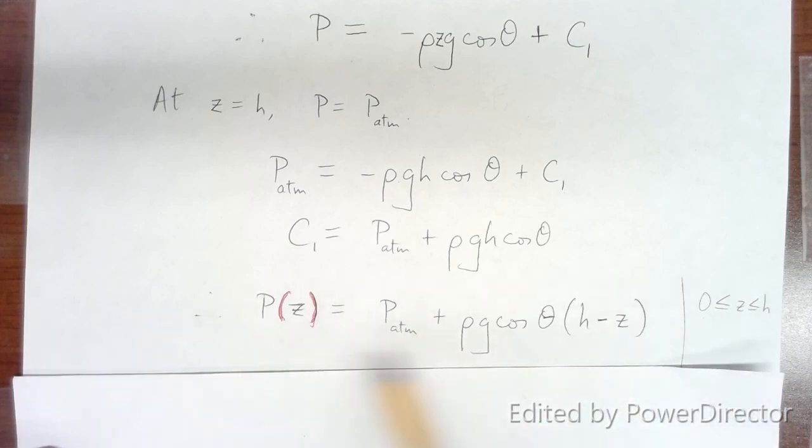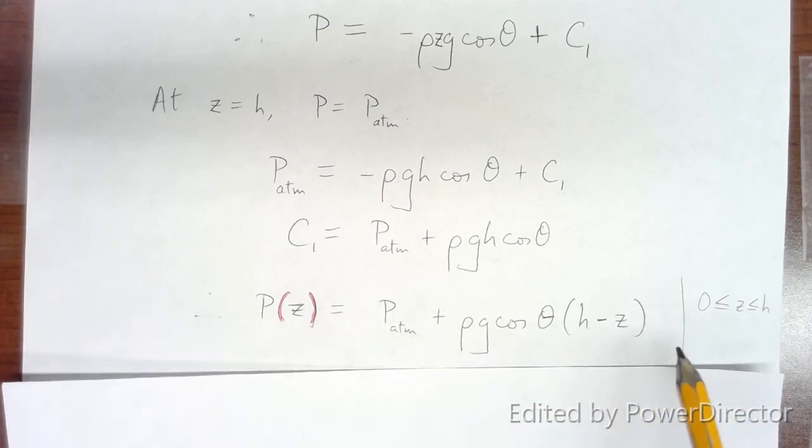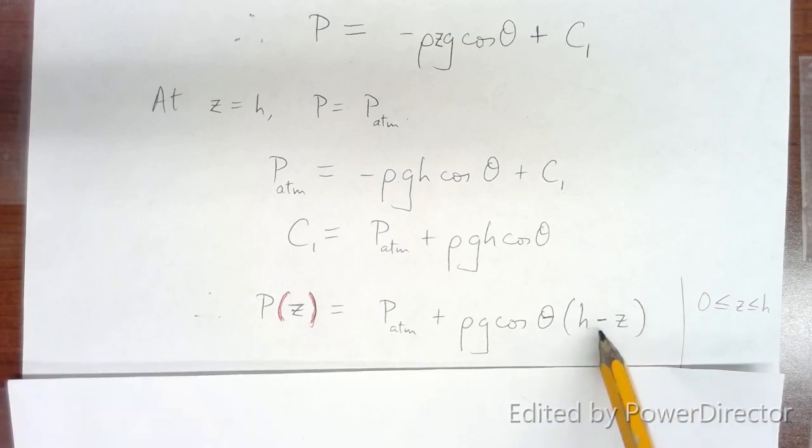And we see that this expression makes physical sense. We see that when z is equal to h, it's just the atmospheric pressure. But when z is less than h, when we're inside the river, we have some additional pressure. It's not just atmospheric pressure. We have a contribution due to the liquid, and it depends on the density of the liquid. It depends upon how deep inside the river you are.